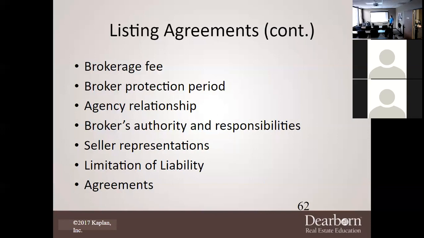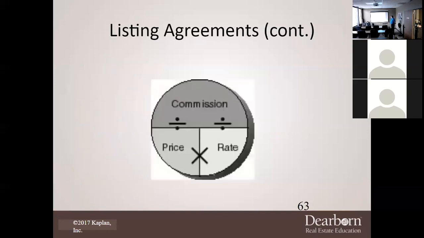The seller representation is stated, and the limitation of liability is included. Meaning that if somebody gets injured on Mr. Eugene's property while I'm selling it, Mr. Eugene, you're liable for it. You're limiting my liability. And of course, other agreements can be stated.